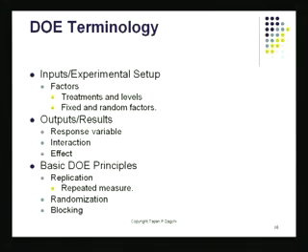What of course we have to do is see how this particular system behaves. Without really having that understanding, we would not be able to control the output of the system. And the system by itself would just be standing alone and we won't really have much use of it. What we'd like to be able to do is set up an experimental setup where we control the inputs in a manner where we understand what the factors are and what the treatment levels are. These are the settings at which these different factors are set. Then of course, which factors are fixed and which factors are going to be randomly fluctuating when the experiment is conducted.